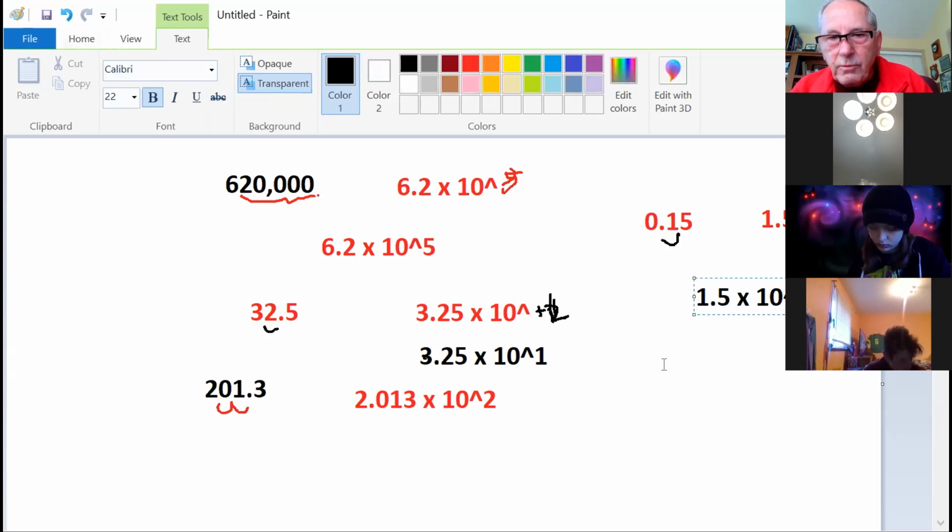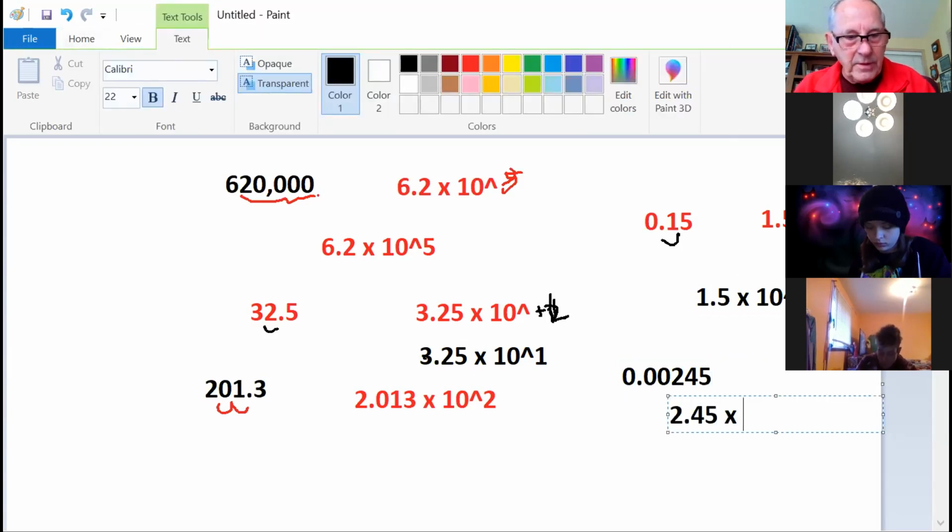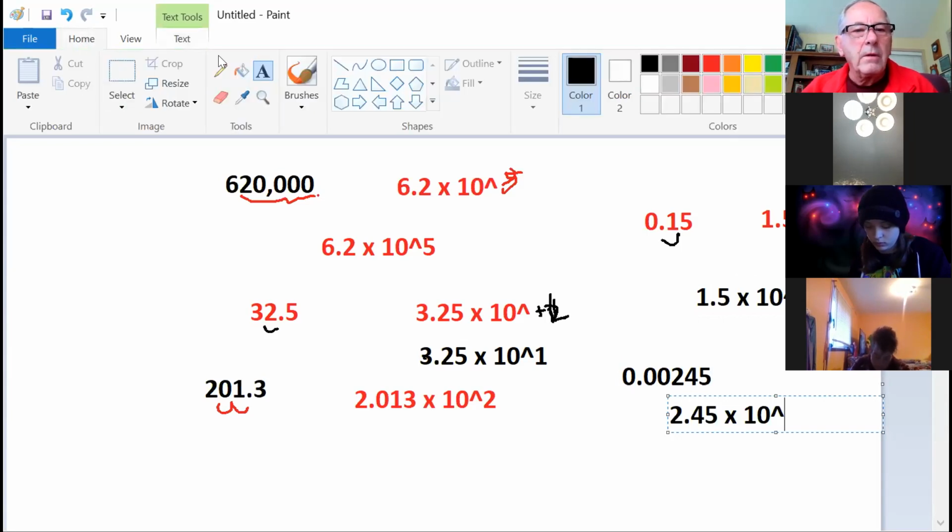Does that make sense? We'll do one more with the negative. What about 0.00235? Well, we know it's going to look like 2.35 times 10 to the something, right? You just don't know what the exponent is yet. So how do you do it? You go back, use a different color.